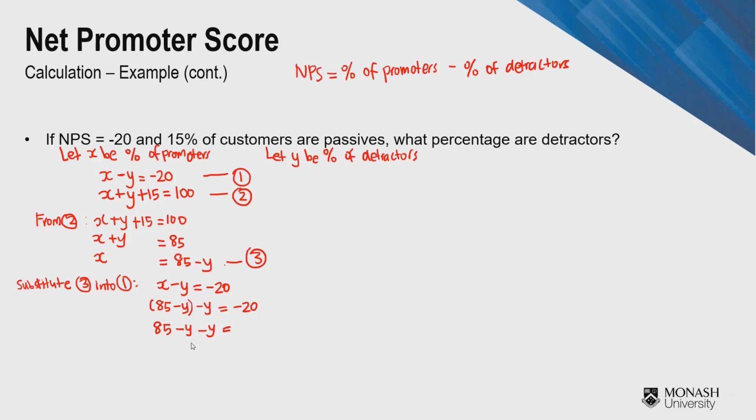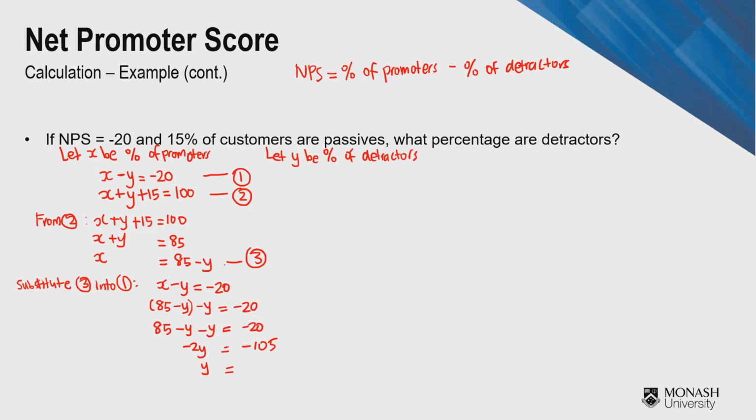And we want to bring the numerical on one side and the unknown on the other side. So minus Y minus Y will give me minus 2Y. And 85, I have to bring it to the other side, so I have to do minus 20 minus 85. That is going to be minus 105.